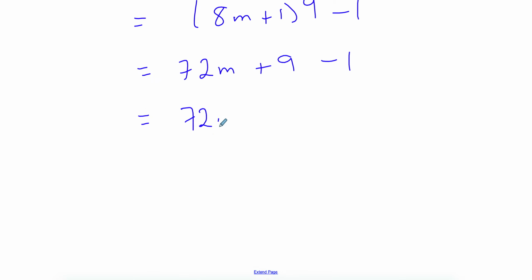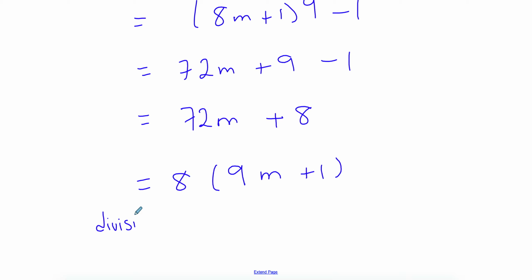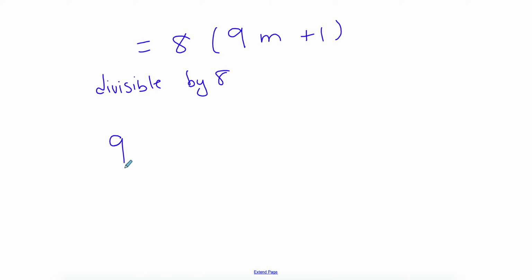So this is 72m plus 8. Hopefully you've spotted that you can factor out. So this is 8 times (9m plus 1). Now it doesn't matter what this is, but it's divisible by 8. So we've shown that 9^(k+1) minus 1 is divisible by 8 because it's equal to this.